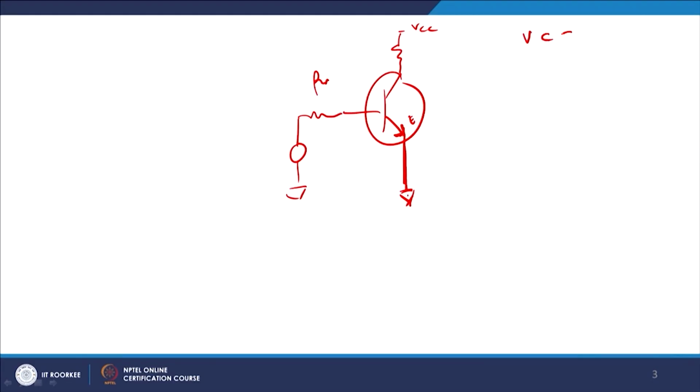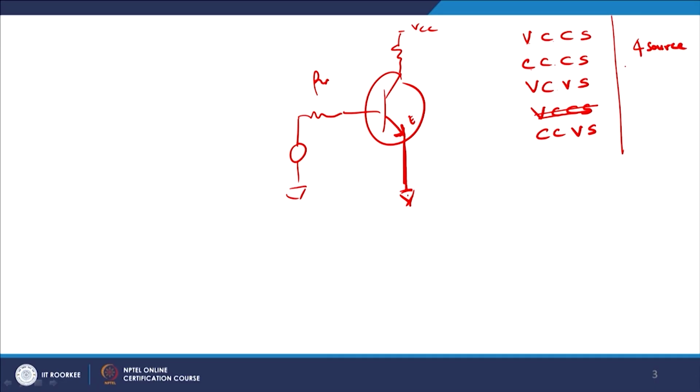One is the voltage controlled current source, the current controlled current source, the voltage controlled voltage source, and the current controlled voltage source. So, there are 4 types of sources which are generally available to any electronic designer.